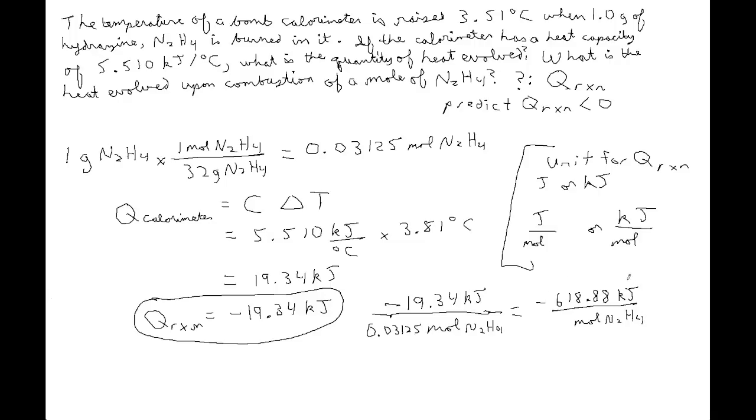Now, how would you interpret this number? For every 0.03125 moles of N2H4, once that's combusted, it'll release 619 kilojoules per that mole of N2H4.